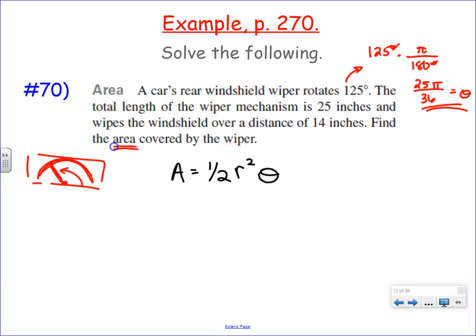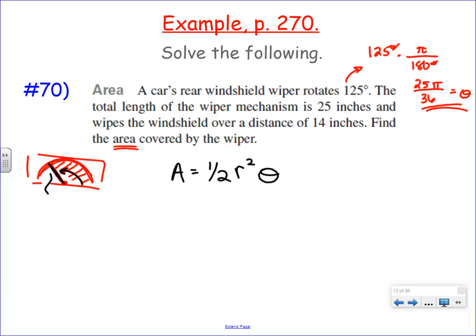So he's swiping that area of the windshield, true? What do they tell us? They tell us that is 125. We've already dealt with it. The angle. What else do they tell us? The length of the wiper is 25. Oh wait, who's the wiper? There he is. Oh, he is the radius.